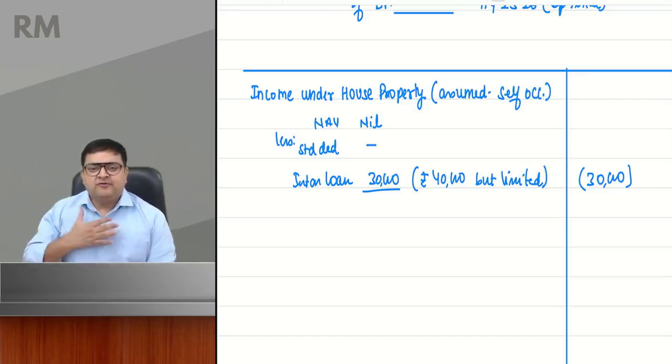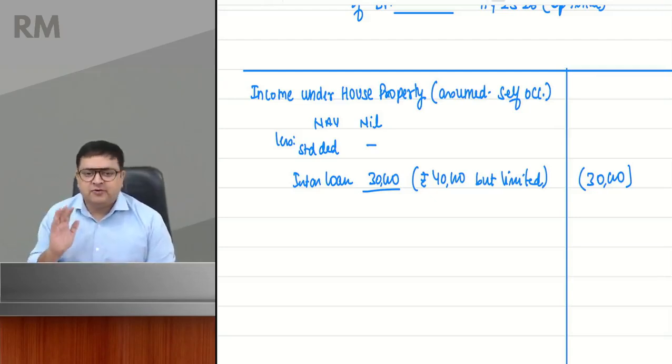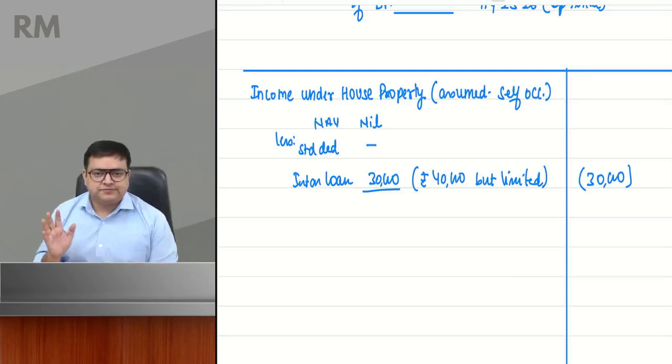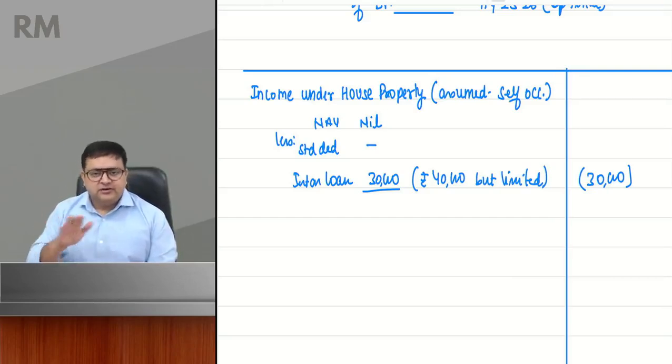If we would have been following default regime, then no, it cannot be set off. In default or optional, house property 1 can be set off from house property 2, same head, no problem in either regime, and there is no limit also. But when you set it off from other heads, if following default, then it cannot be set off, not even a single rupee.